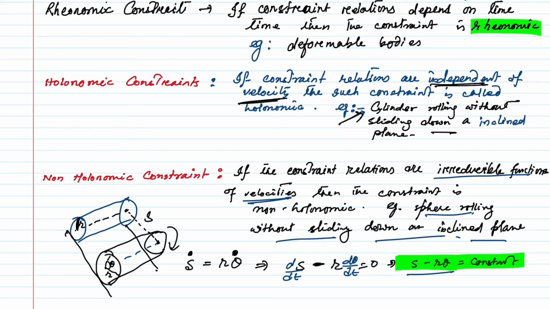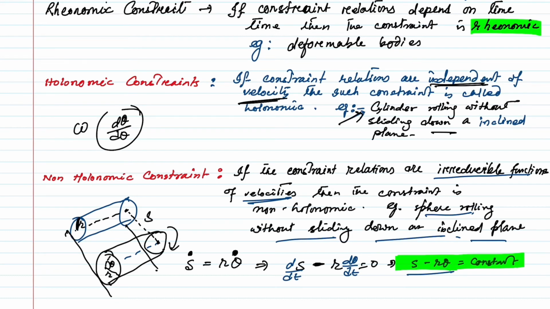But in case of a sphere rolling down an inclined plane, the angular velocity omega cannot be represented as d theta by dt, so it cannot be expressed in this way.